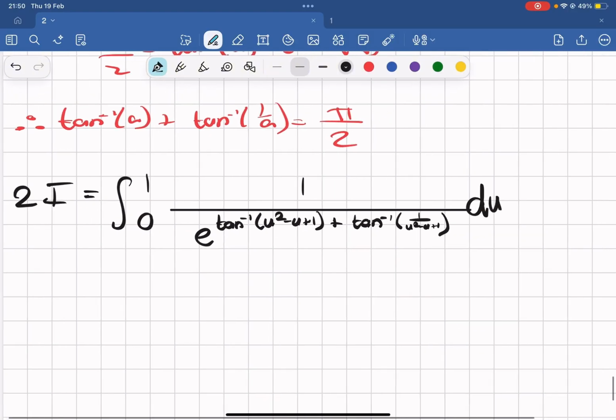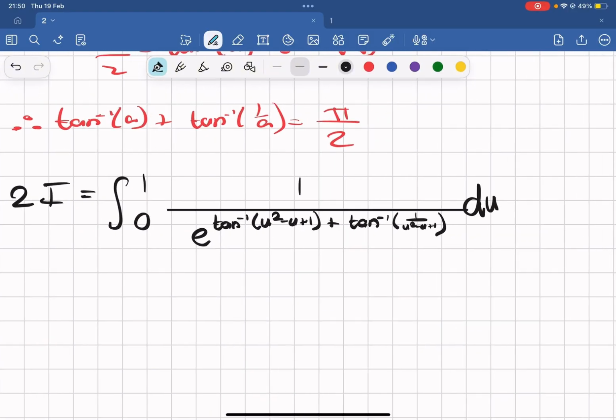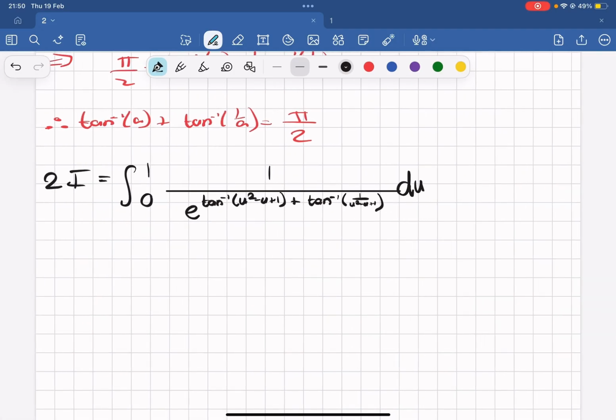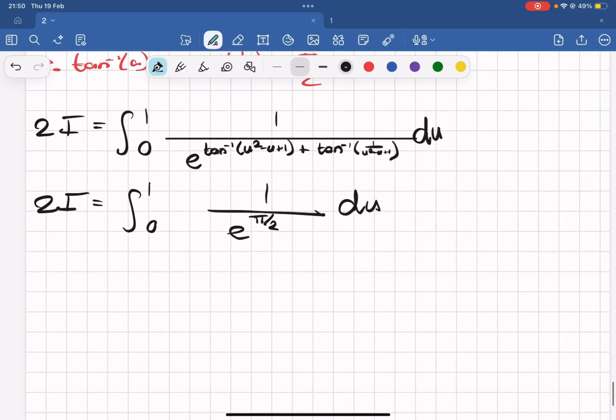So this identity says that arctan of A plus arctan of 1 over A equals pi over 2. So that just means our exponent of e just becomes pi over 2, which makes this question very easy now to integrate.